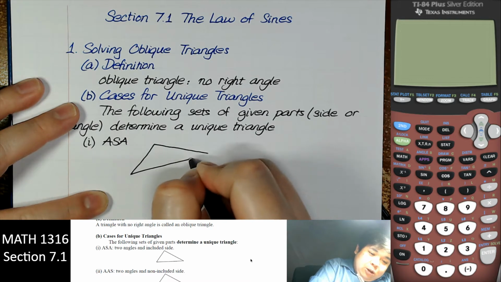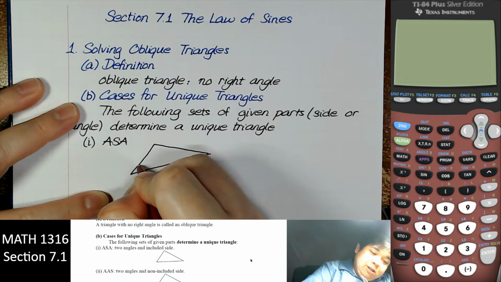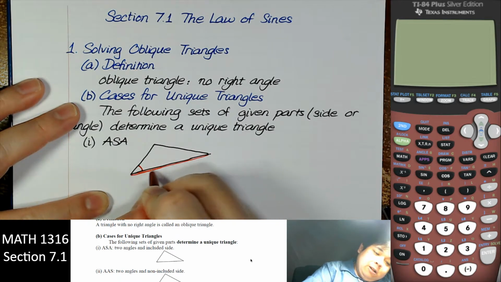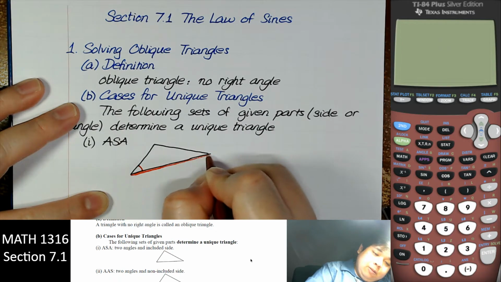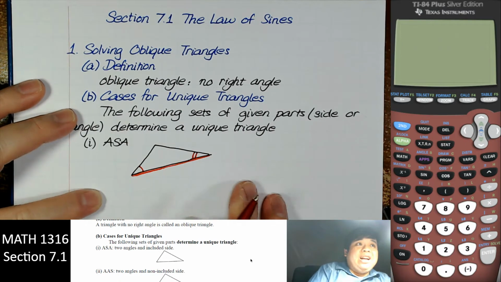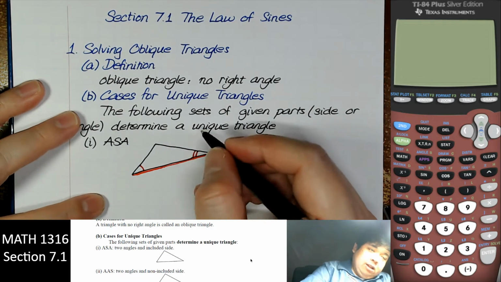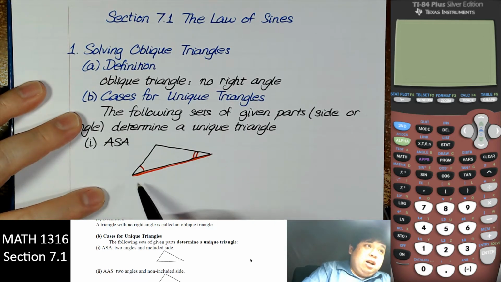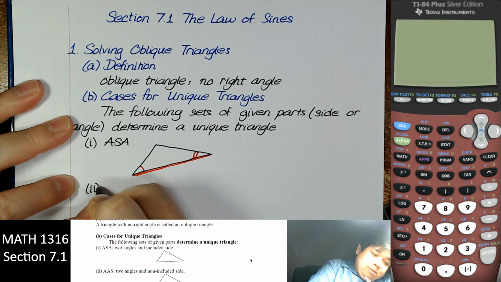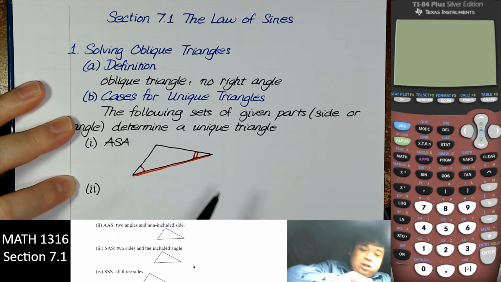So what we are given is an angle, and then a side, and then another angle. When we are given these 3 pieces of information, we have a unique solution. This is the side, with 2 angles at the sides, the side in the middle.